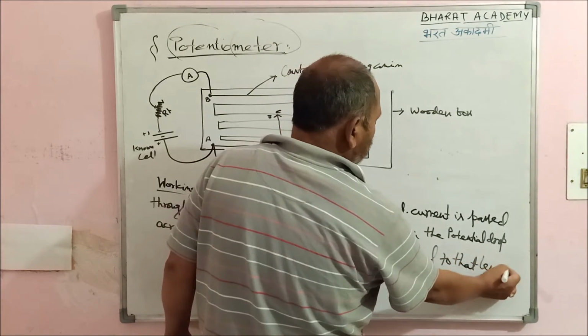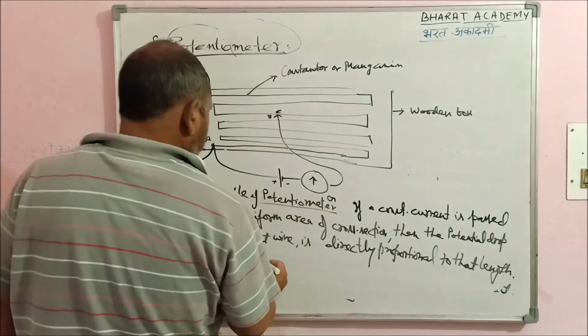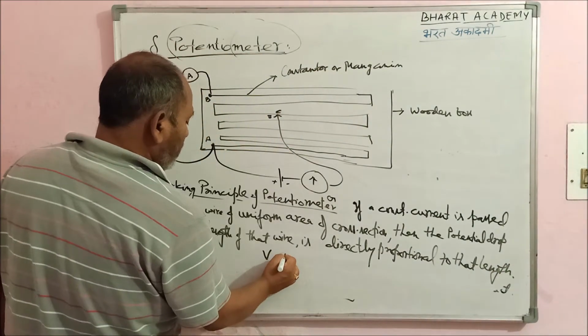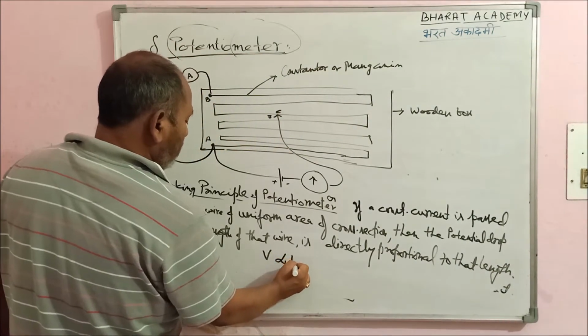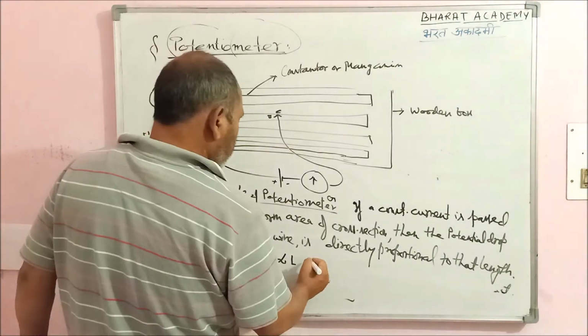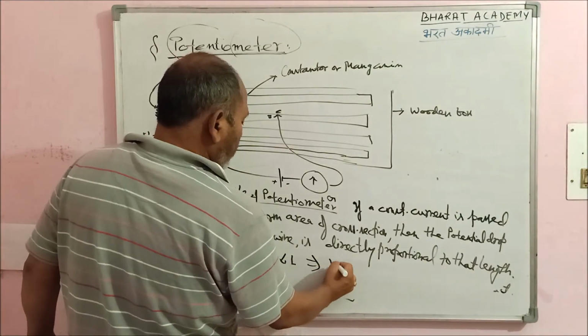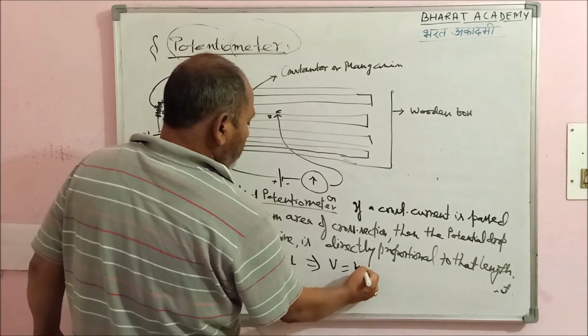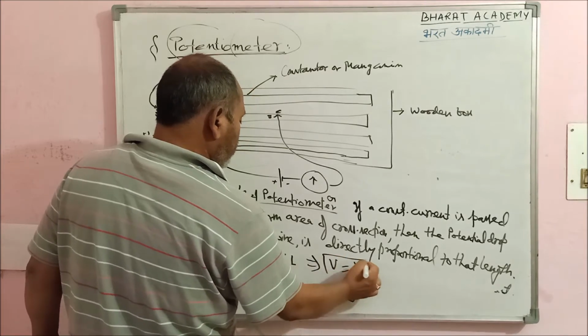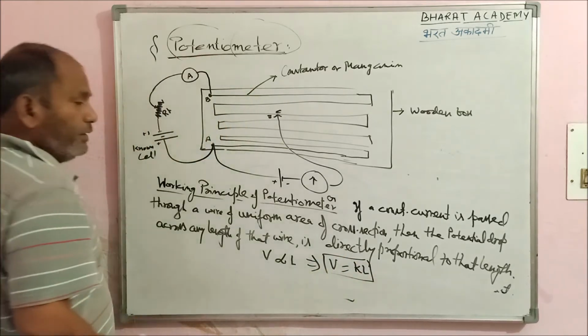This is known as working principle. V is directly proportional to L if I and A are constant, or V equal to KL. Right?